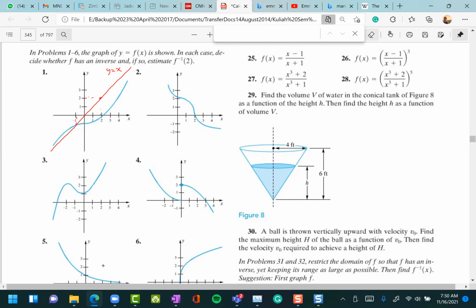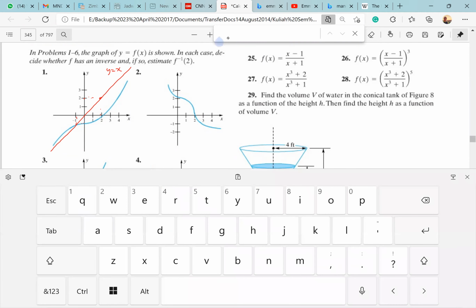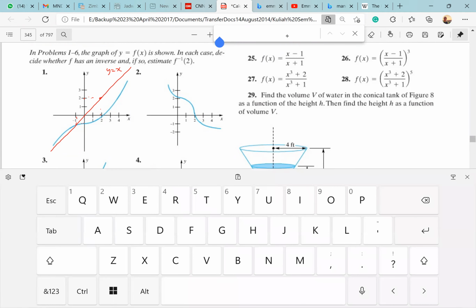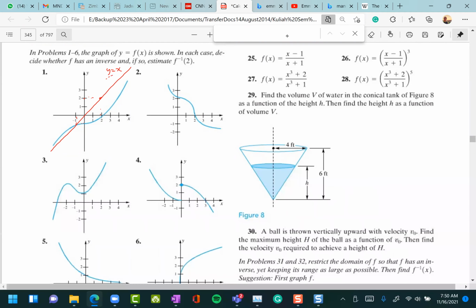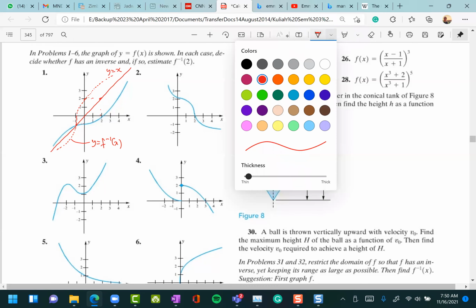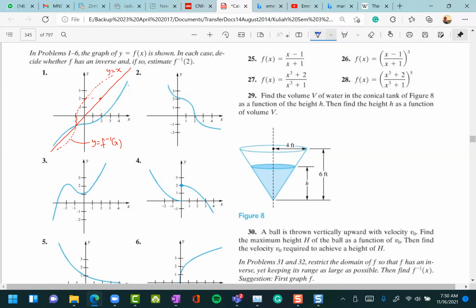Where is that thing? Cannot find the color. Okay, so if you reflect this, you get something that looks like this. So this is the white f, while the blue one is y equals f of x.